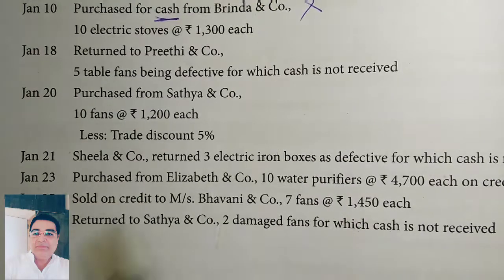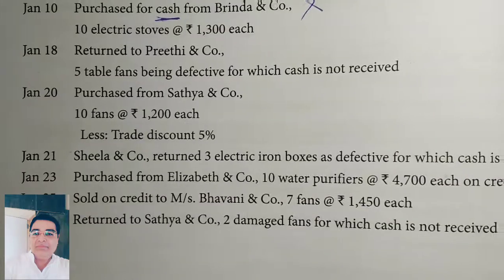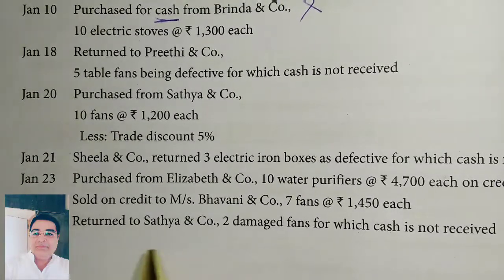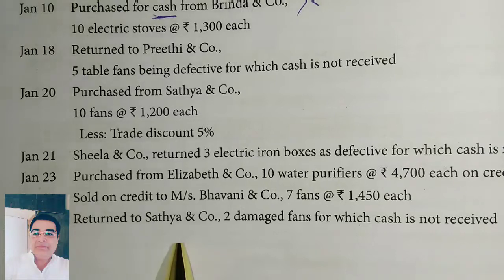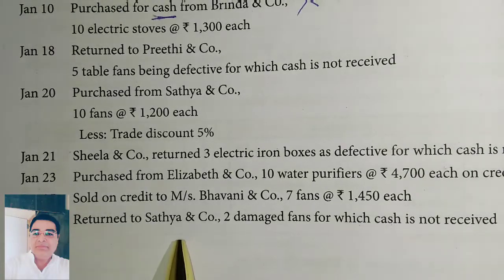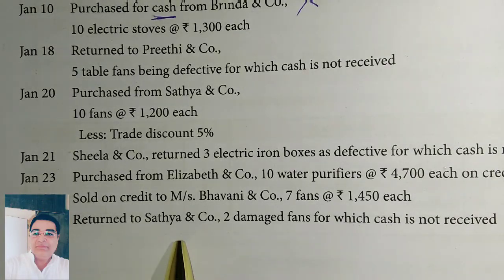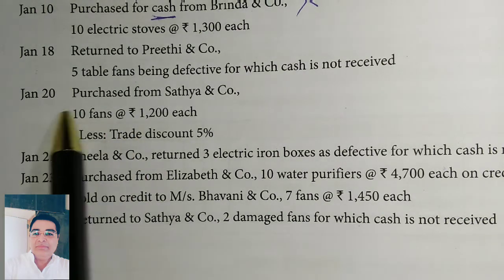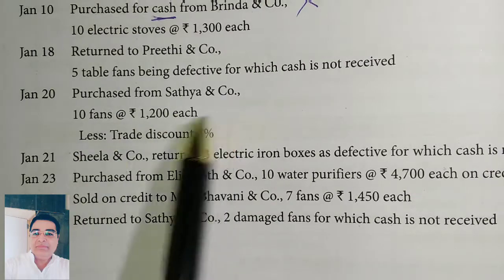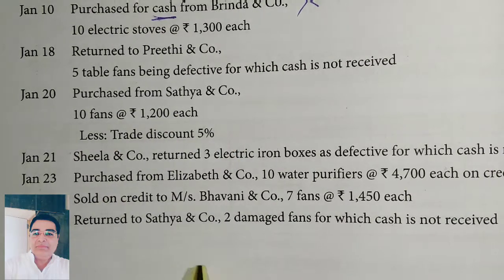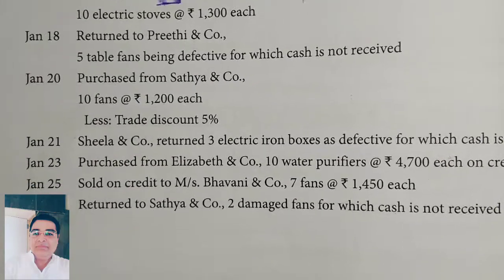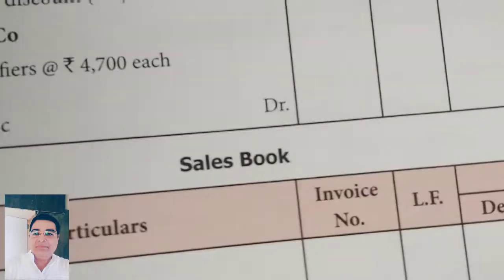See in the question, on which date Satya and Company is given. Check where Satya is given. It is given in the purchase book in January 20. So this return means purchase return.